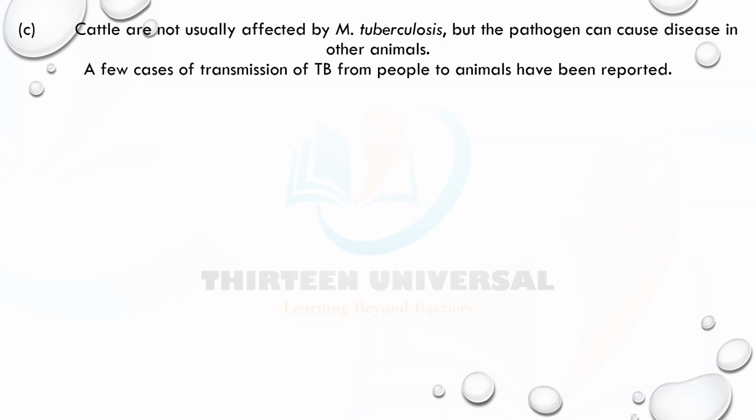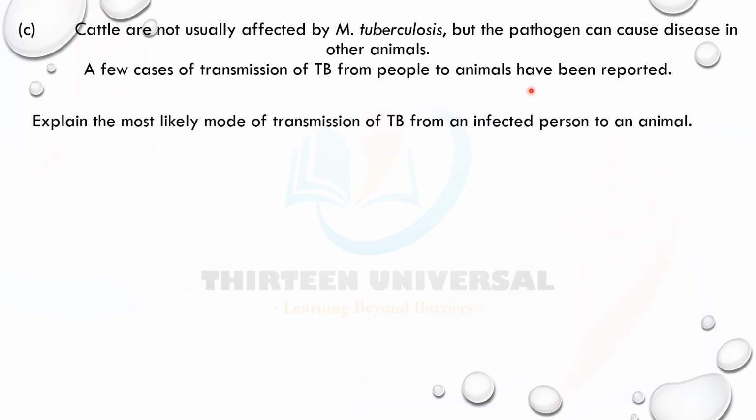Cattle are not usually affected by tuberculosis, but the pathogen can cause disease in other animals. So cattle are asymptomatic hosts; they are not affected. A few cases of transmission of tuberculosis from people to animals have been reported. Explain the most likely mode of transmission of TB from an infected person to an animal. So how is TB transmitted? Pause the video and try it.